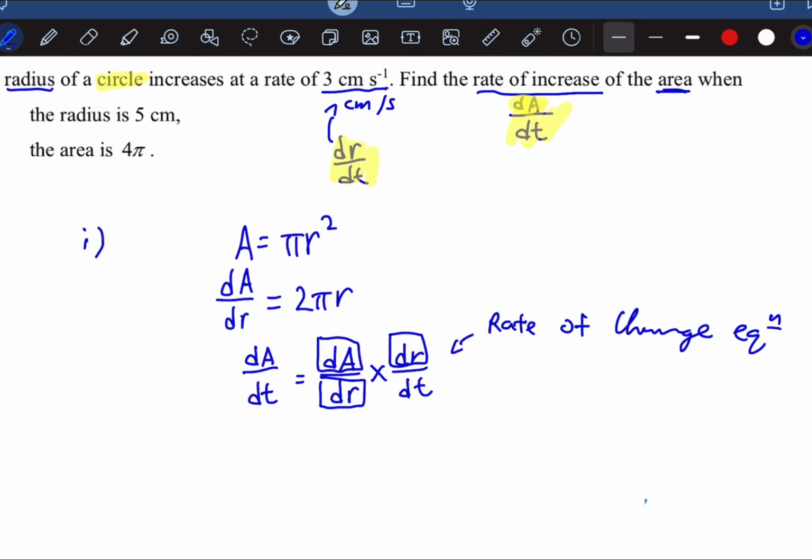So this will be our step 3. These are our step 2, step 1.